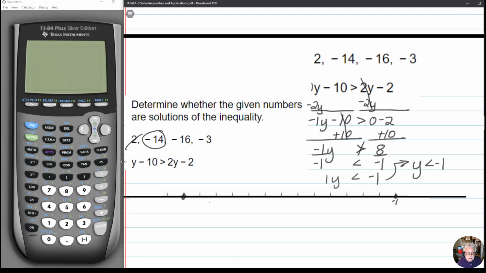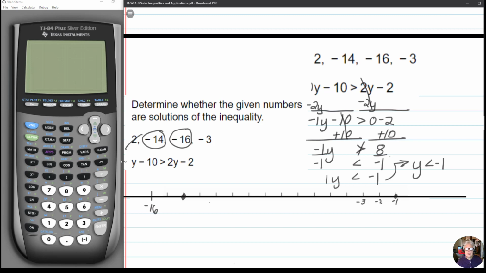What about negative 16? Negative 16 is over here. Negative 16 is to the left of negative 1, so negative 16 will work. Negative 3: negative 2, negative 3.